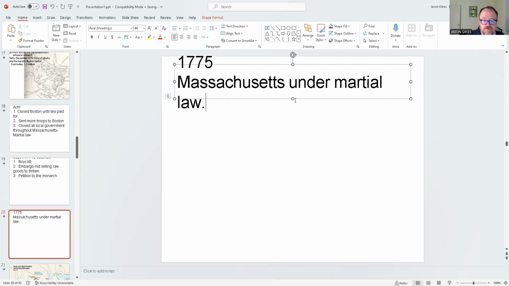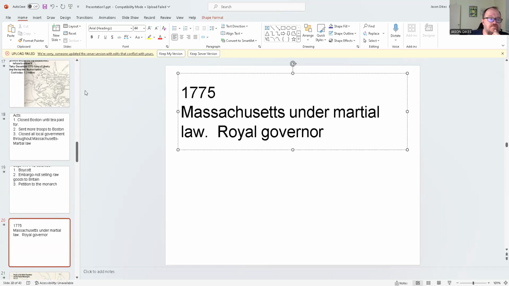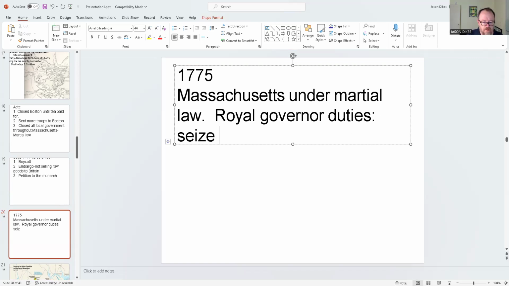The governor, the royal governor, part of his duties as the governor was to seize artillery. There was a lot of artillery that had been left behind after the 7 Years' War.